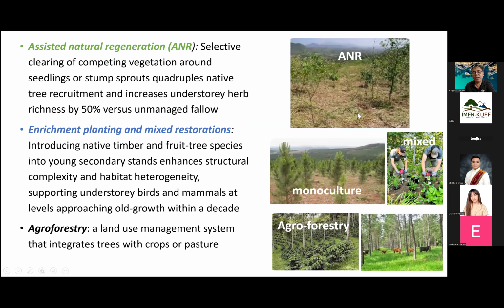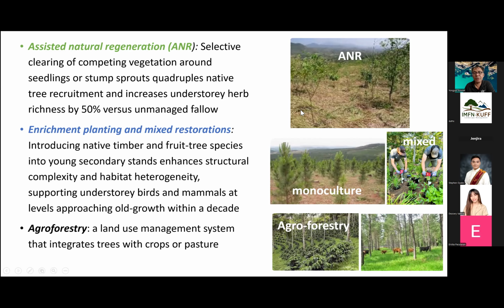So assisted natural regeneration means when we grow native species, right? For the new species, for the plantation. In the abandoned or degraded area, there are lots of grasses, bush, and weeds. So in order to help the planted species grow faster and perform better, we have to do some weeding or remove vegetation, to avoid competition.